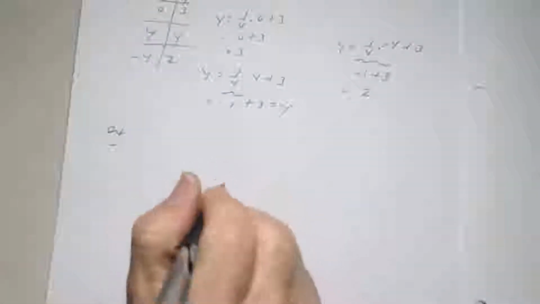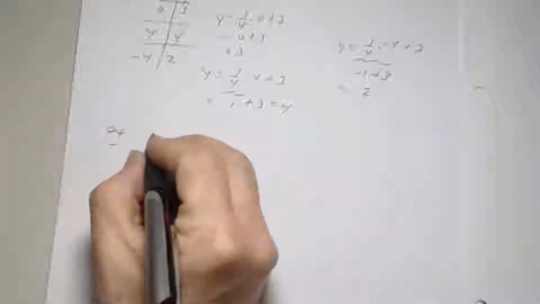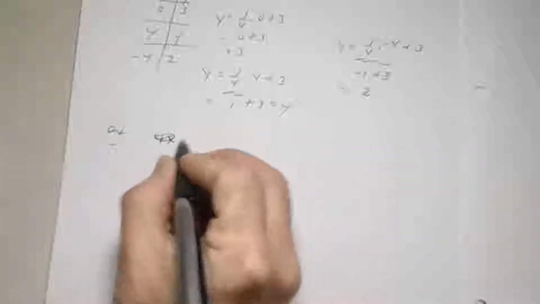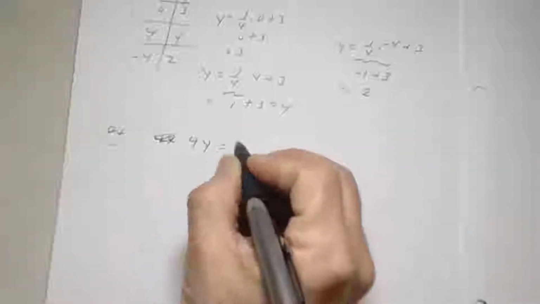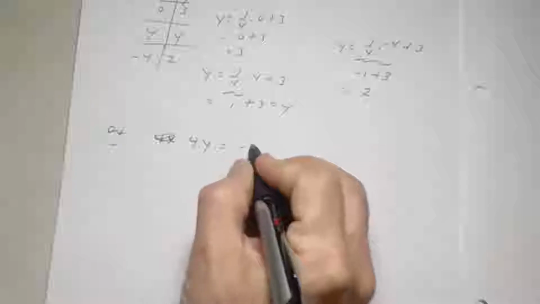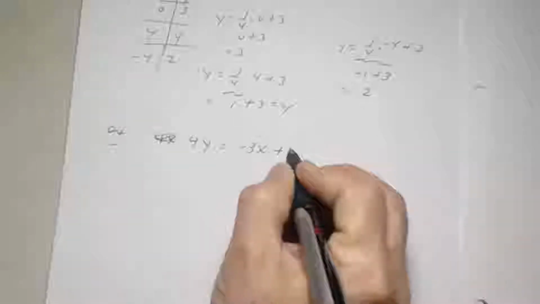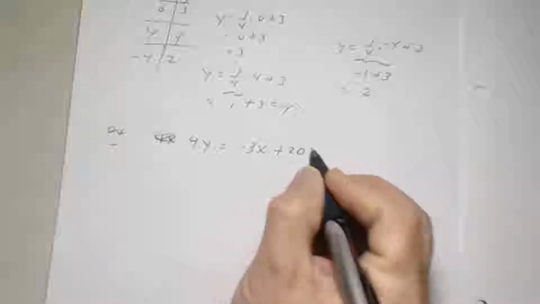Let's suppose we had 4y equals negative 3x plus 20.